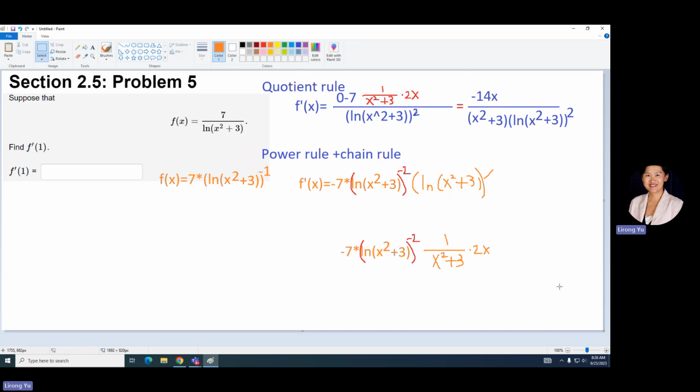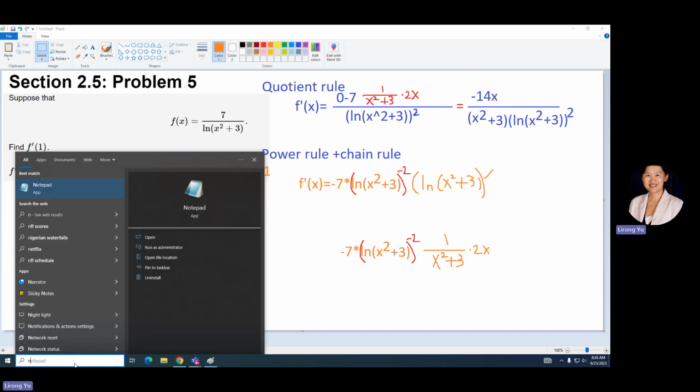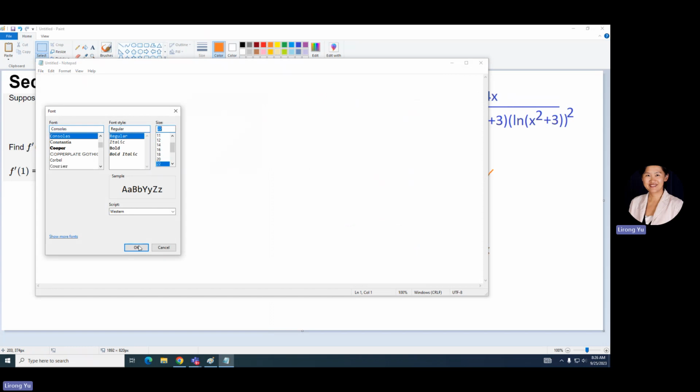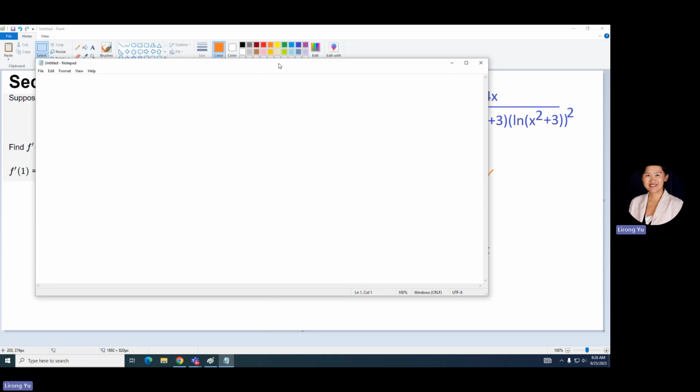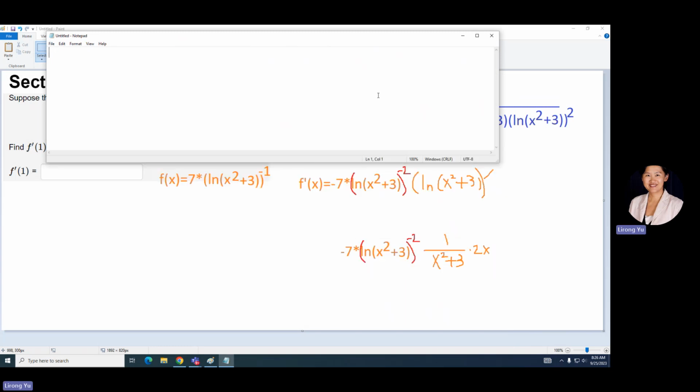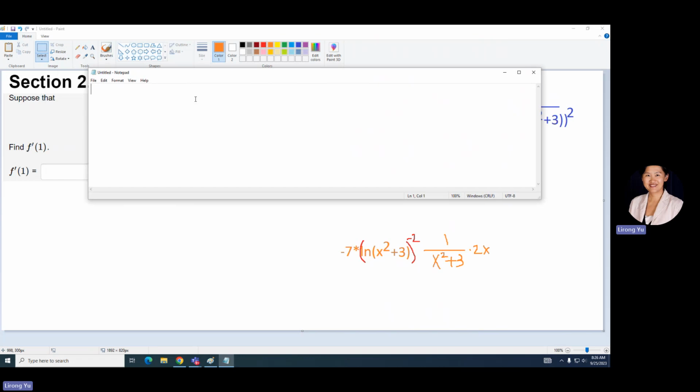Hang on, let me just. Let's see how we can enter them into WebWork. I think the power rule format is actually easier to input.